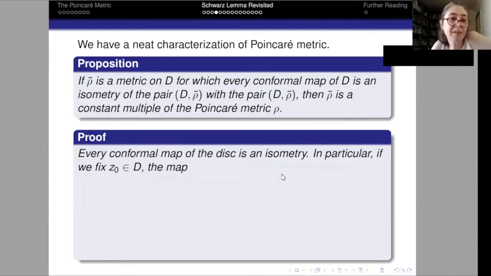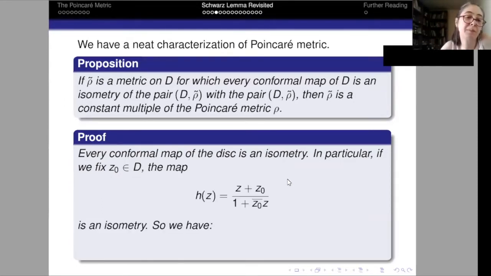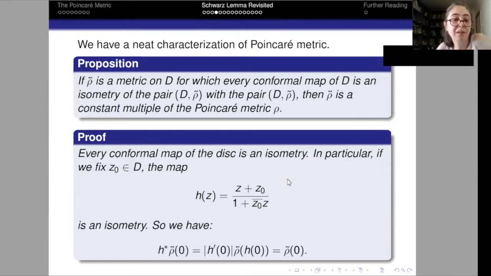So the proof is easy. You know that every conformal map of the disk is an isometry. And in particular, if you fix any z0 in D, the map given by h(z) = (z + z0) over (1 + conjugate z0 z), this Mobius transformation, is an isometry. So we have the pullback of this new metric with respect to h, equal at the point 0 to the value of this metric at the point 0.